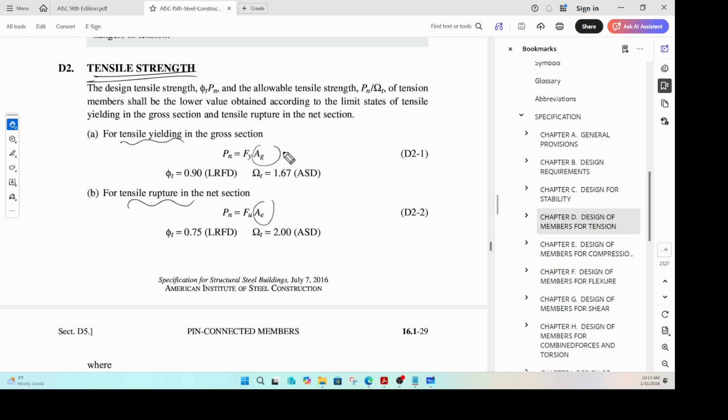So you use your gross area and net area, and then you use your Fy and Fu respectively, and use different phi factors. Okay, we are only doing the LRFD. ASD is pretty straightforward. You do the LRFD value and then divide it by 1.5. Let's say you find your LRFD strength, you divide that by 1.5, and then you get your ASD strength there.